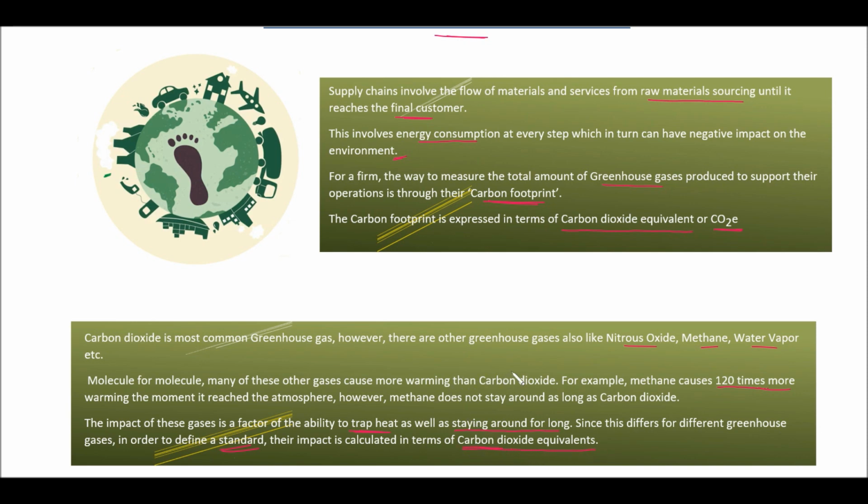So these other greenhouse gases vary in terms of how much heat they trap and how long they stay in the atmosphere. And to standardize this, the carbon dioxide equivalent has been created.